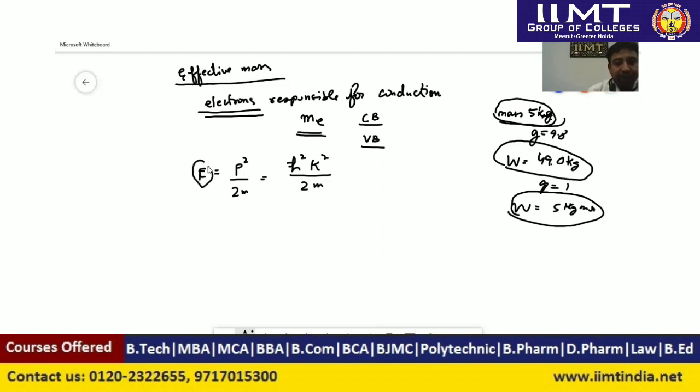So energy and the wave vector are related through this expression. If we compare this and this, then momentum comes out to be the modified Planck's constant, which is shown by h bar, into k.